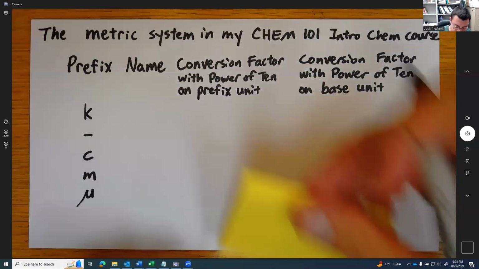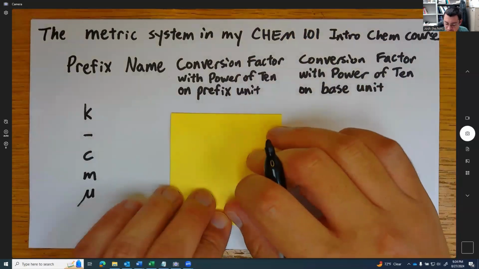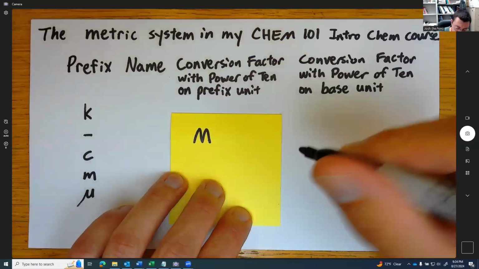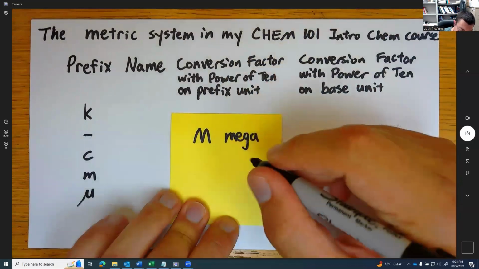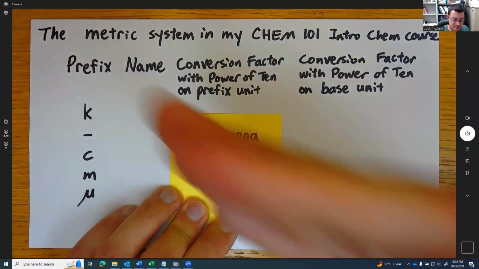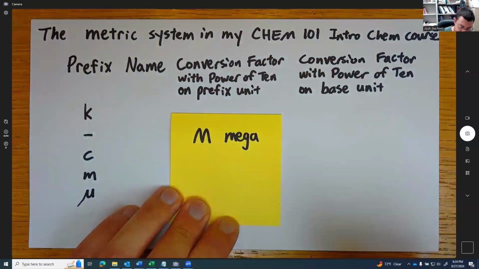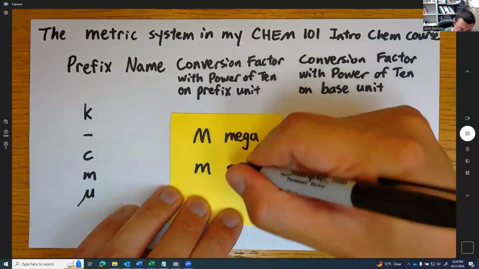If you're wondering why we need a mu, well, the way I like to explain it, we have a capital M being used for mega, like a megabyte. I'm not covering mega here, but mega would be right above kilo. And then we are already using lowercase m for milli.